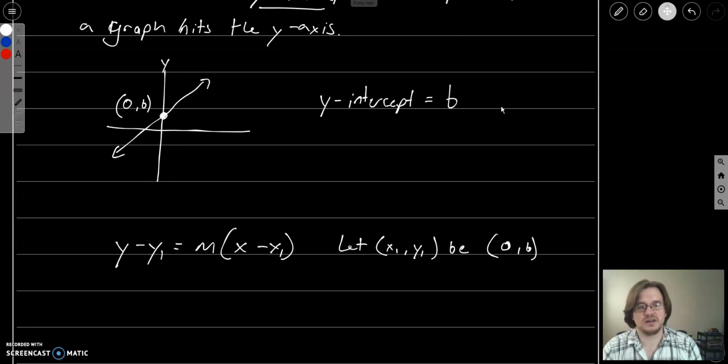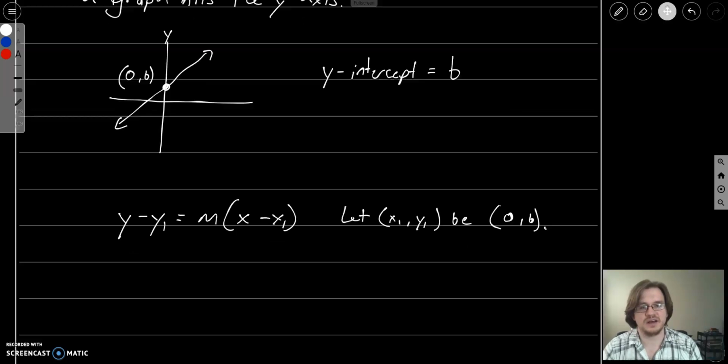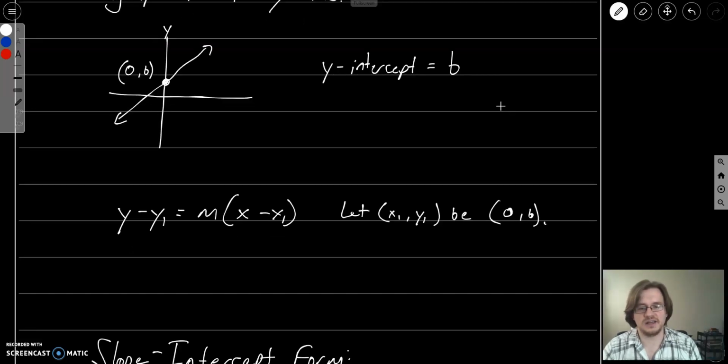So if we use our point-slope form, again here this is the equation of a line with slope m that passes through the point (x1, y1). Well, if our line hits the y-axis, we can use that in here. So for instance, if I substitute 0 in for x1 and b in for y1, we get the following.